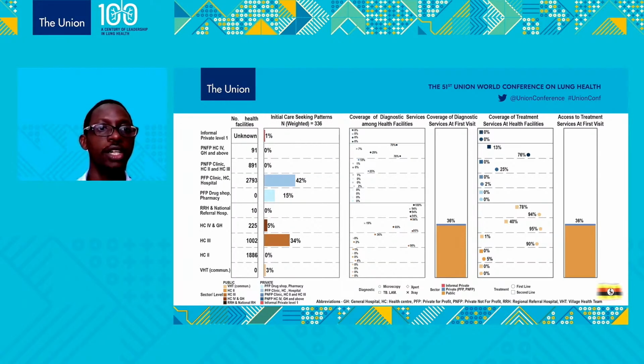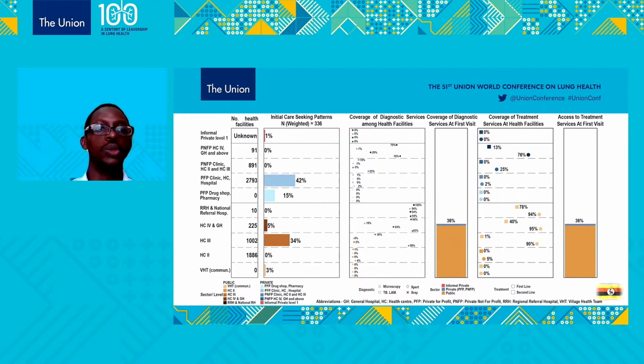If I can quickly go back, you see in the blue here, 42% at private for-profit health facilities, and then at the drug shop, which is basically a kiosk where people go to get drugs off the counter. And those combined give about 58%. And then in the brown, we see about 42% seeking care initially from a public facility, and most of it is in the lower public facilities.